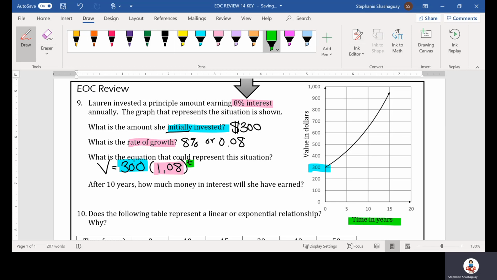So after 10 years, how much money in interest will she have earned? So we're looking to see how much she's earned, not how much she has in the bank account. So we're going to do V of 10 is equal to 300 multiplied by 1.08 raised to the 10th power. And when we do that, we're going to get 647.68. That's the value after 10 years.